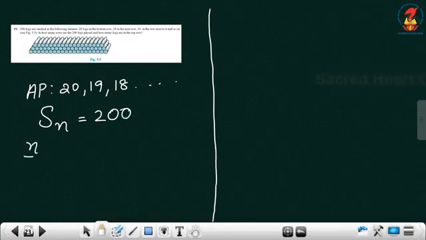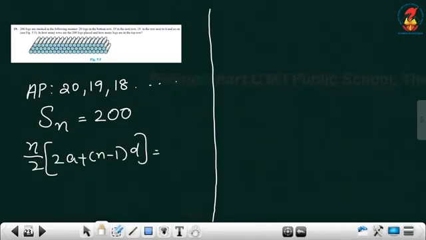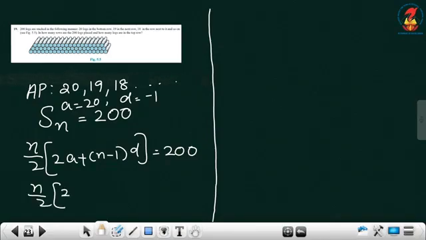So we can write this as n/2 × (2a + (n − 1)d) = 200. From here we can write a = 20 and d = −1. So n/2 × (2 × 20 + (n − 1) × (−1)) = 200.